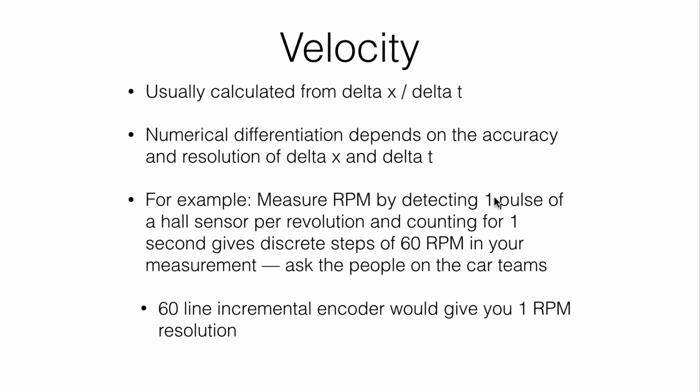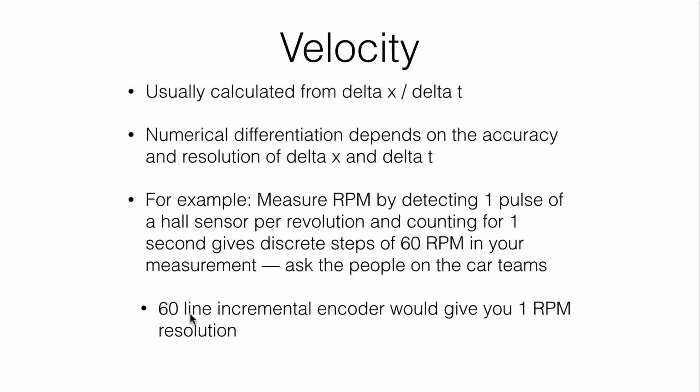So this counting approach, counting over the time of a second, gives you discrete steps of 60 RPM because you're going to multiply the number of counts that you got by 60. That's a fairly rough measurement if you've only got one count per revolution. But the more counts you have per revolution, the better your RPM measurement is going to be.